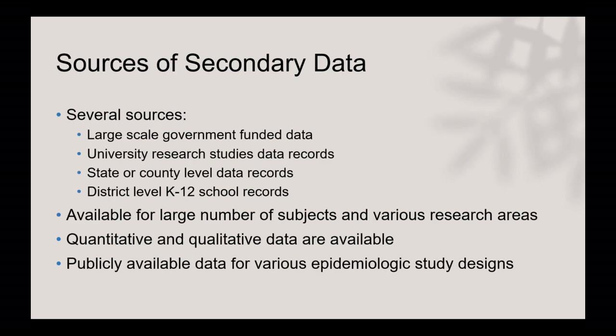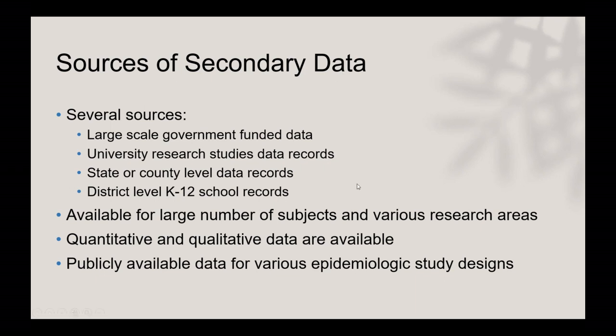So there are several sources of secondary data sets. Large-scale government-funded data can be a secondary data set. University research study data is also a secondary data set. Then there are state or county level data records. This is something that we are seeing right now.